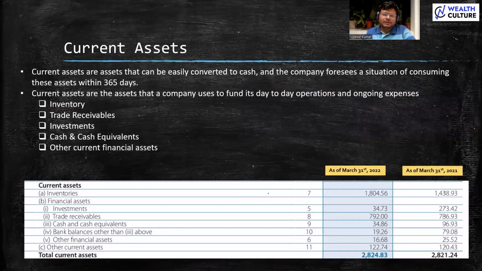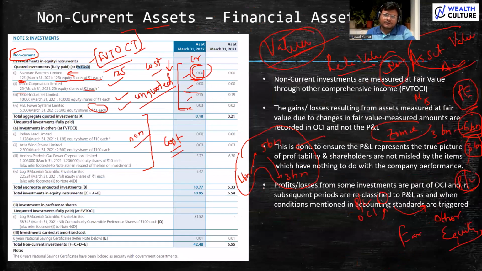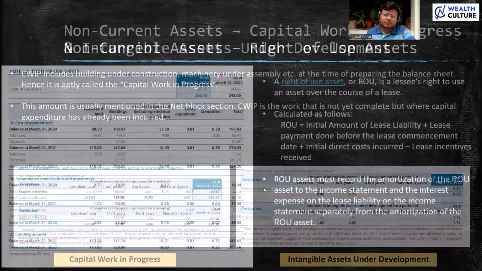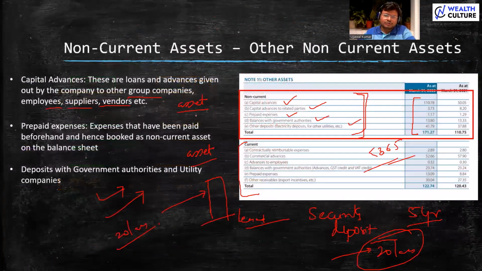So with that, we've looked at the non-current assets. Just to recap, we have fixed assets, tangible and intangible. We have financial assets, and then we have other non-current assets.